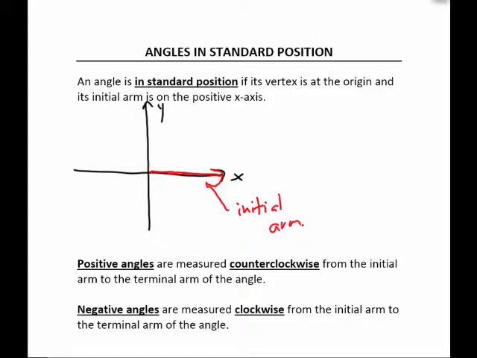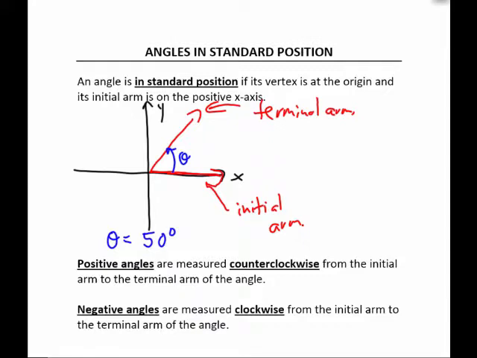And I can put my ending arm, my terminal arm, anywhere I wish. So if I put it here, that'd be our terminal arm. We would measure the angle like so, the measure right in there. So I might have drawn an angle there of possibly 50 degrees. So let's say theta, in this case, is 50 degrees.